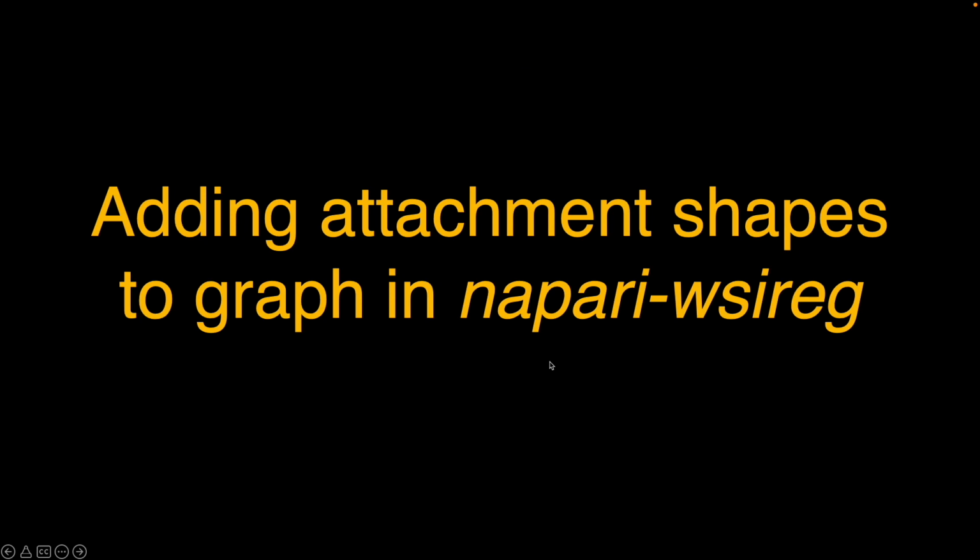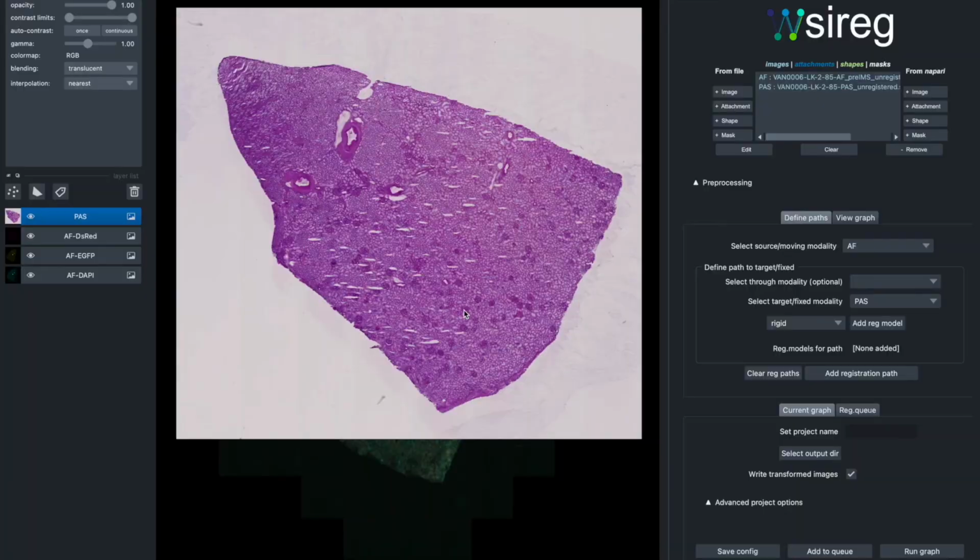So let's go ahead and add an attachment shape to a graph in napari-wsireg. These are point sets or other shape data, points or line strings or anything like that that we can associate with a modality within our graph. And these will be transformed alongside that modality into a new set of point sets.